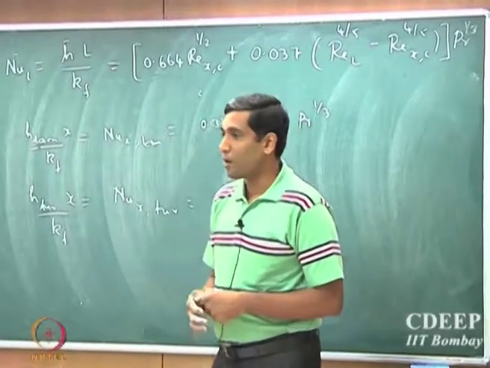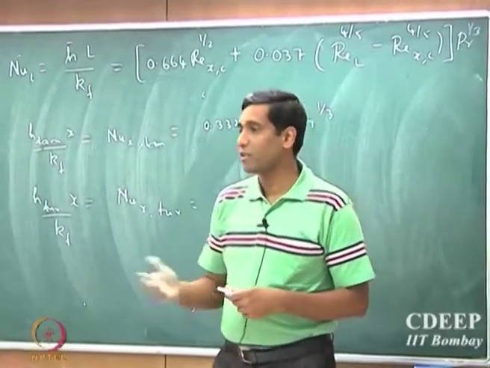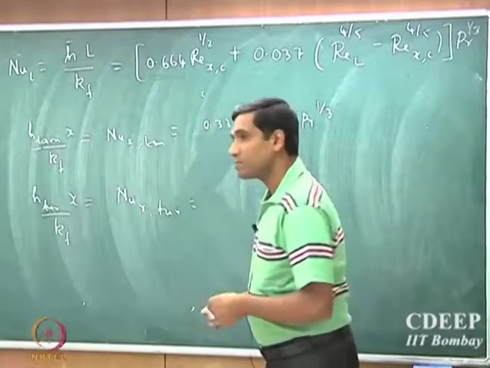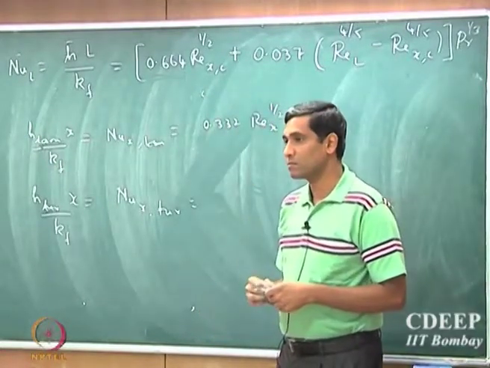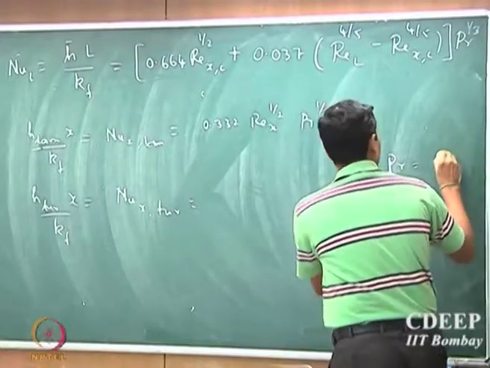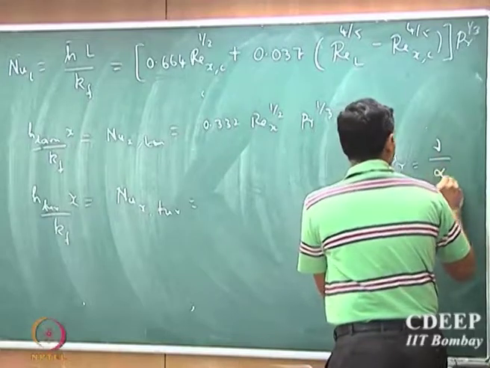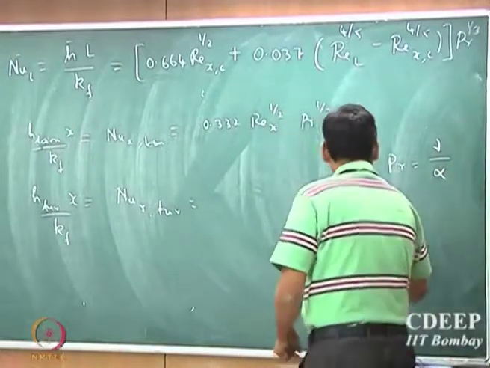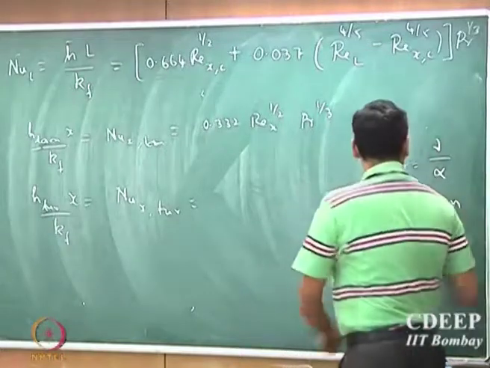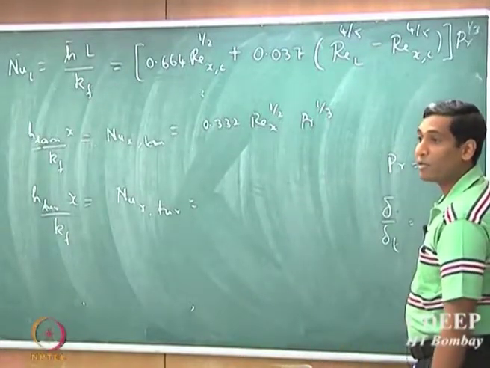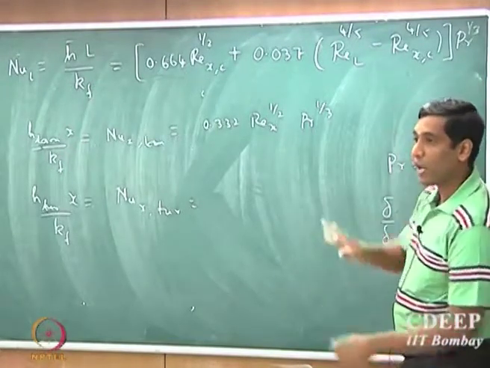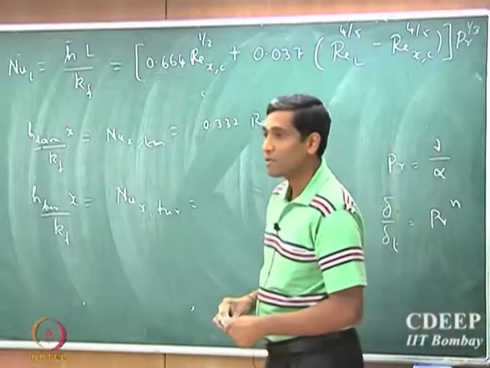If you assume that the properties are constant, it doesn't. But supposing you say that the properties change with the hydrodynamic condition. No, but Prandtl number is simply defined as nu over alpha, right? So now if we said that delta by delta t is Prandtl number to the power of n, this n is different for laminar and turbulent. So that n takes care of the difference in the height.